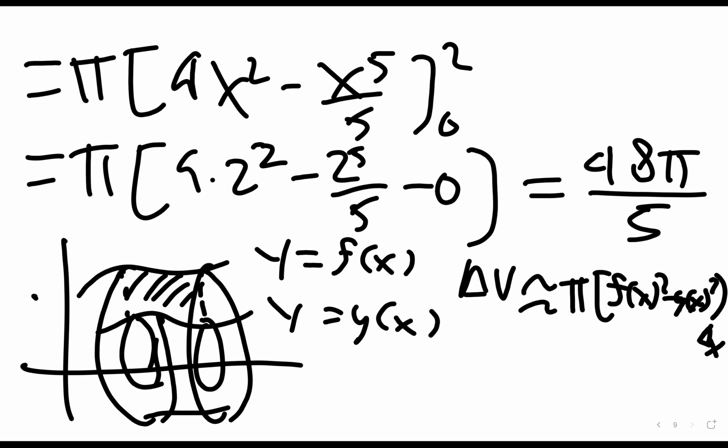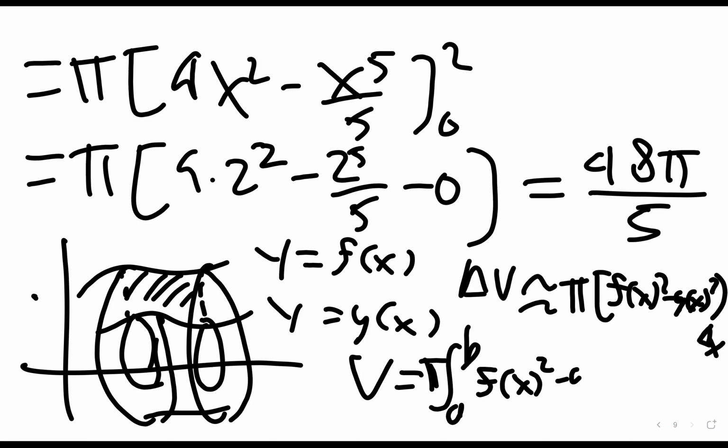Of course, V will be the integral from a until b of pi times f of x squared minus g of x squared dx. Of course, if g of x is 0, then you will go back to the method of disk.